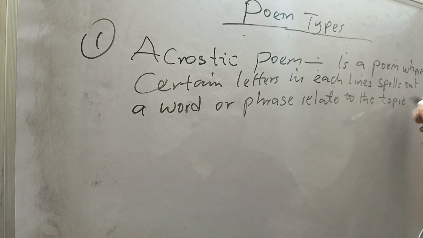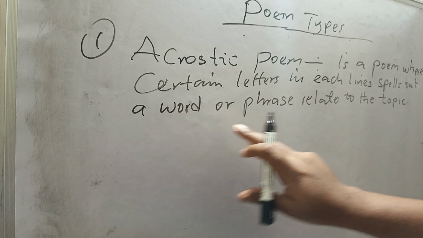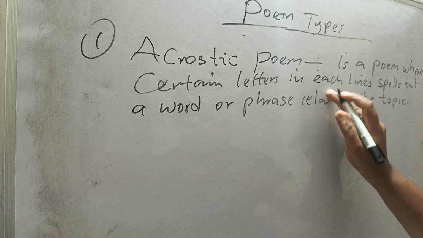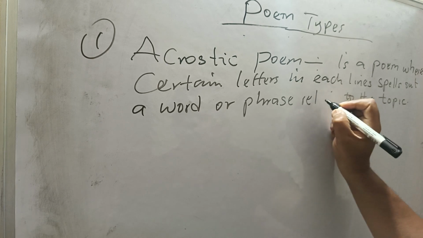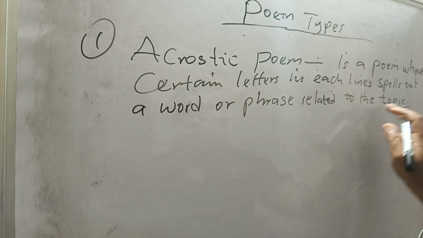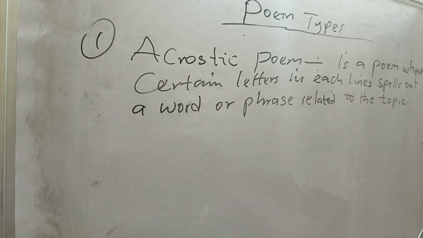I can best put it this way: an acrostic poem is a poem where certain letters in each line spell out a word or phrase related to the topic. So now let's take a look at an example.